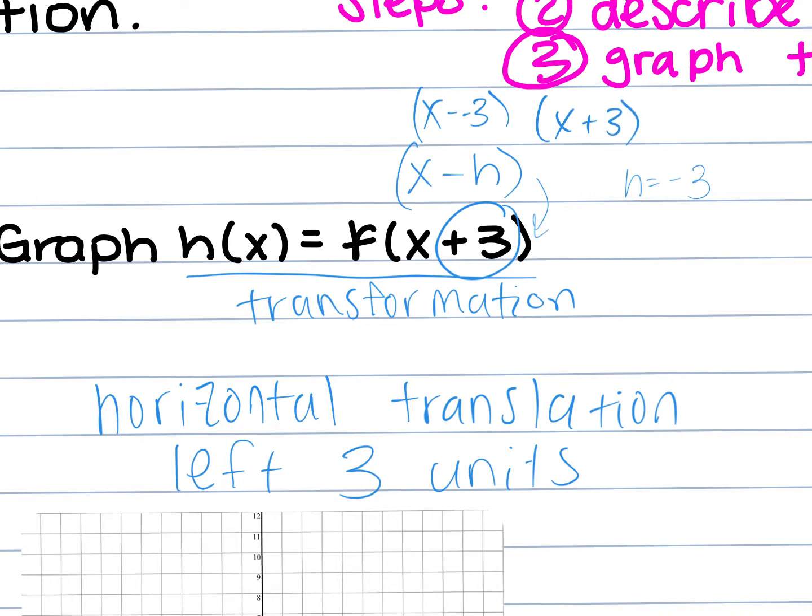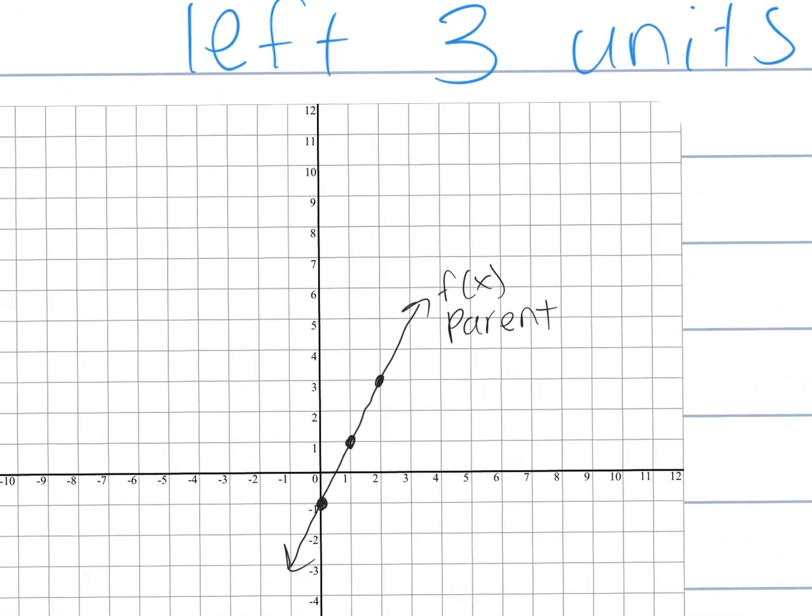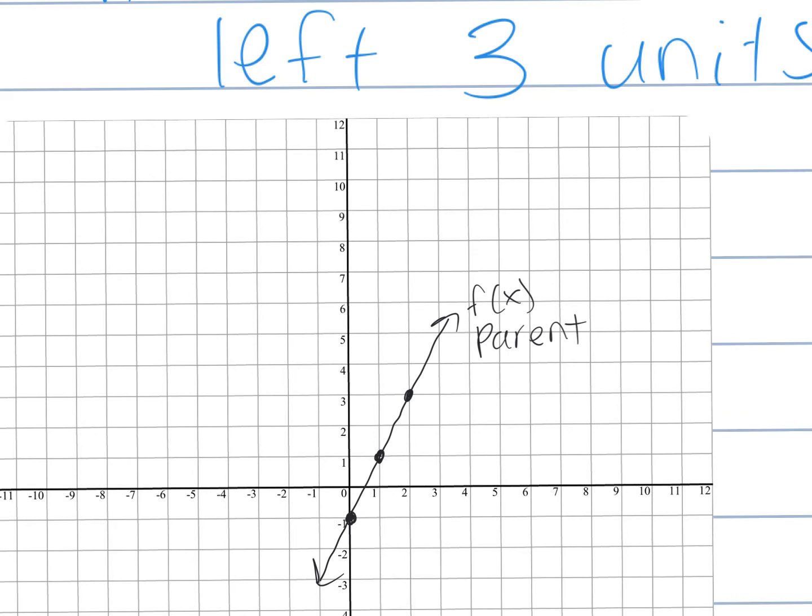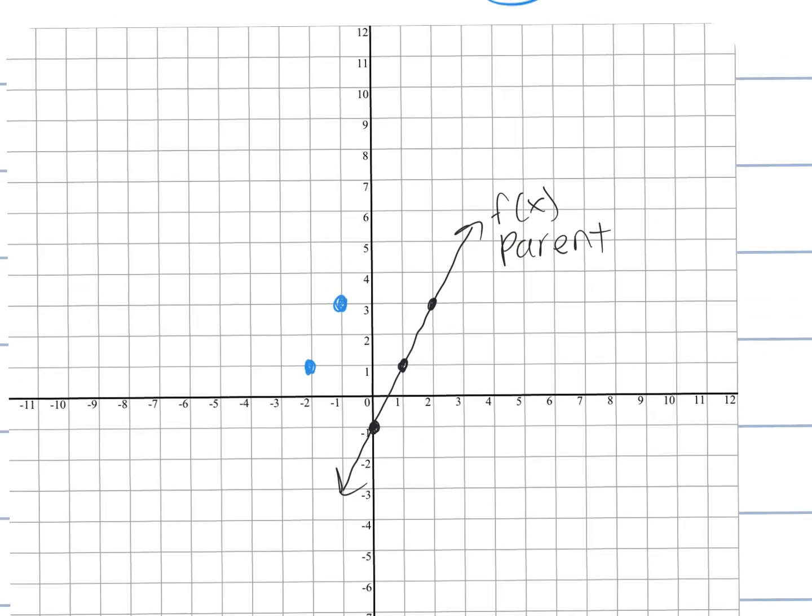A little bit? Okay. So all of my points, I'm going to take them and move them how? To the left 3. So take this first point up here and move it 1, 2, 3 units to the left and draw a new point. Take the guy down below, 1, 2, 3, draw a new point. And take the one at the bottom, 1, 2, 3, draw a new point.